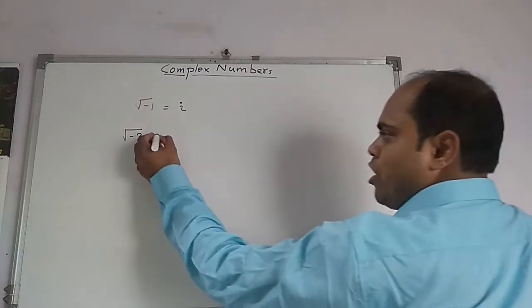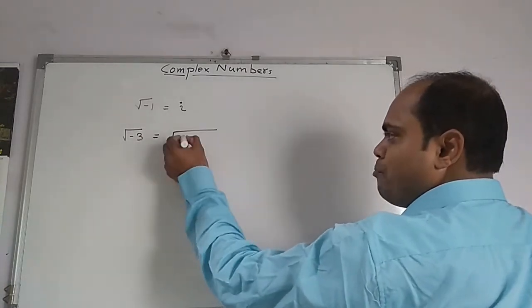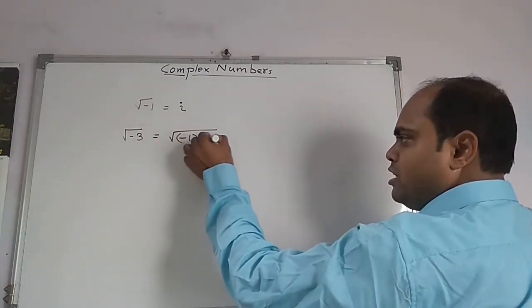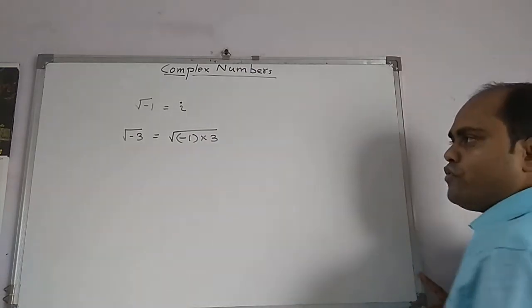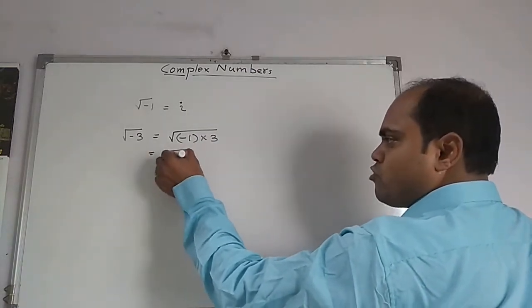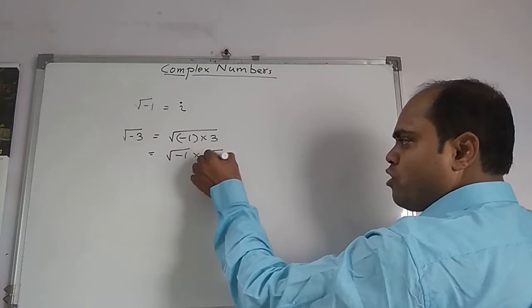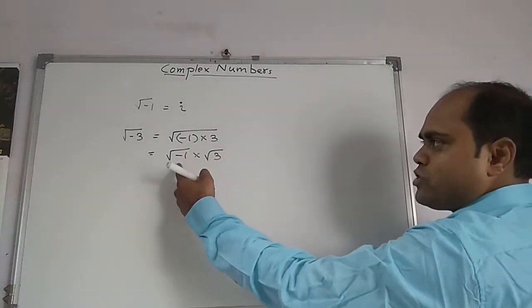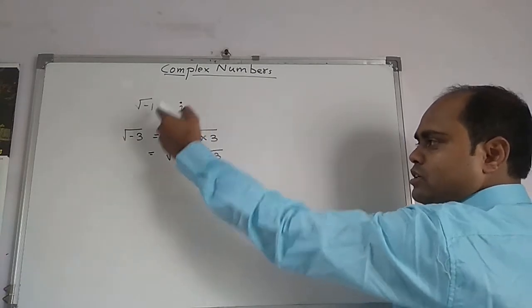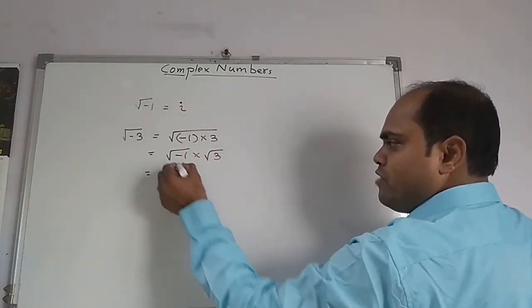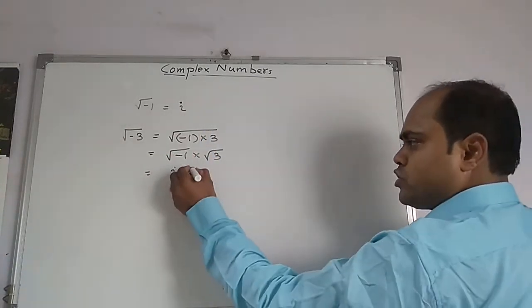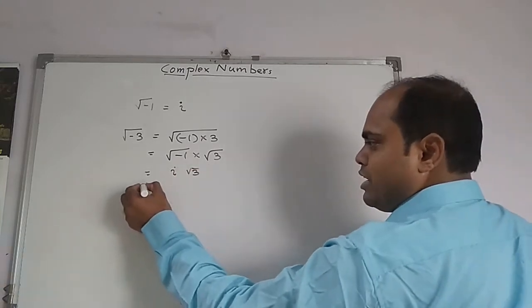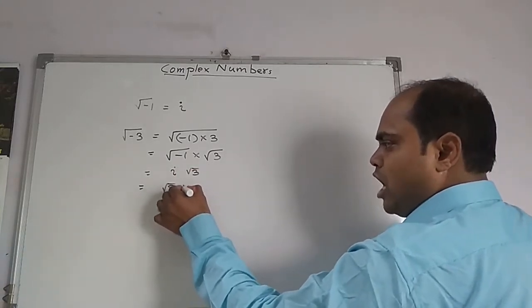We can write it as square root of minus 1 multiplied by 3, or square root of minus 1 multiplied by square root of 3. Square root of minus 1 is i, so here we have i square root of 3. So we can write it as square root of 3 iota.